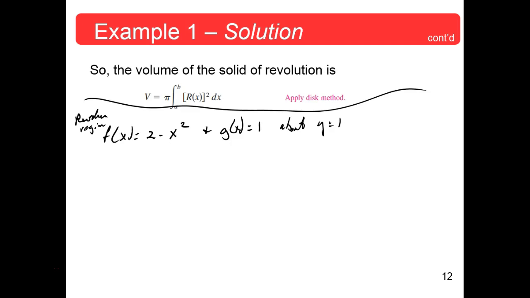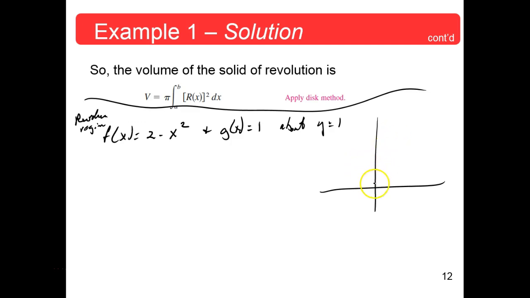Now they show that in the text, but not everybody has a text, or some of you have an e-text, or don't have a text. Let me draw it. 2 minus x squared.